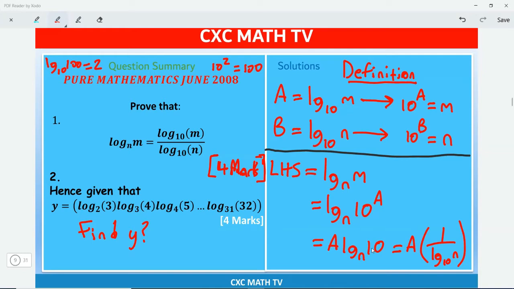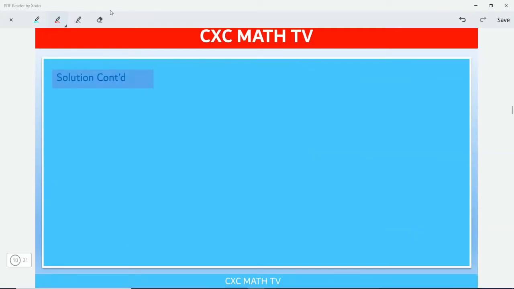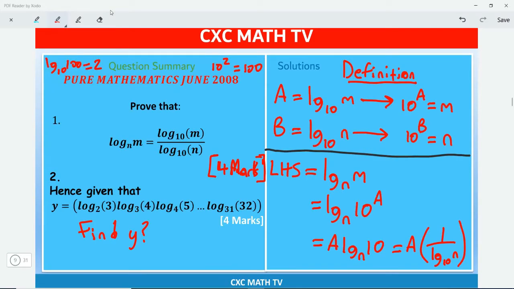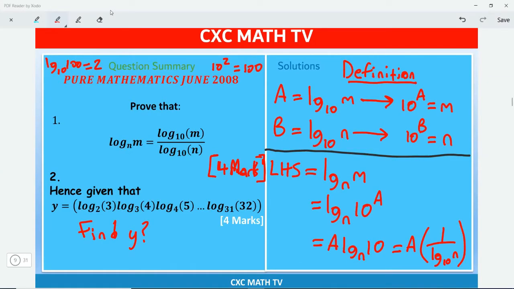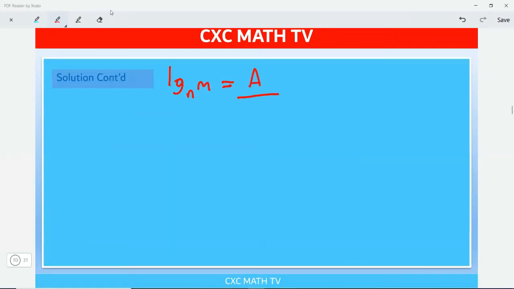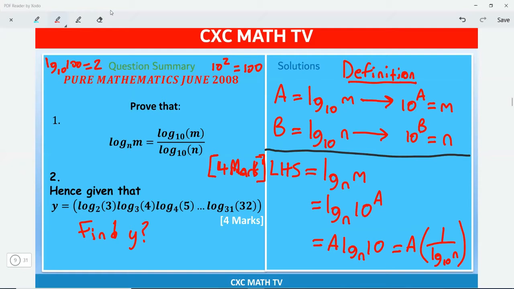So now, to continue with what we have here, finally, log base n of m is equal to a over log base 10 of n. Now remember, what was a again? a was log base 10 of m.